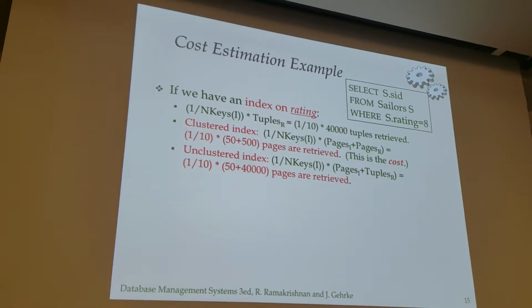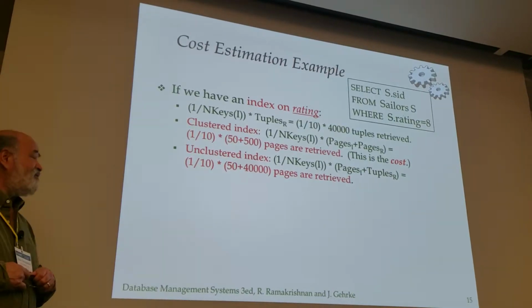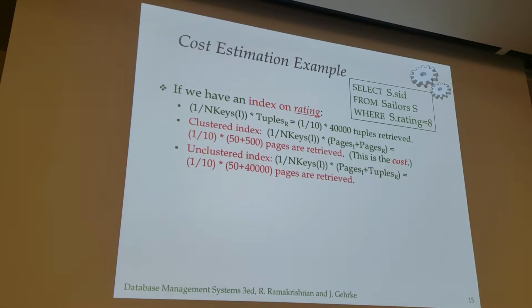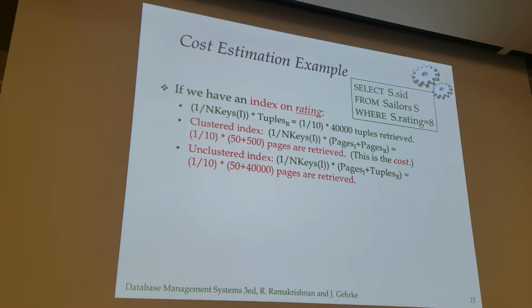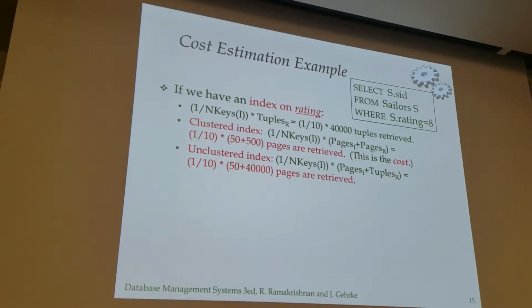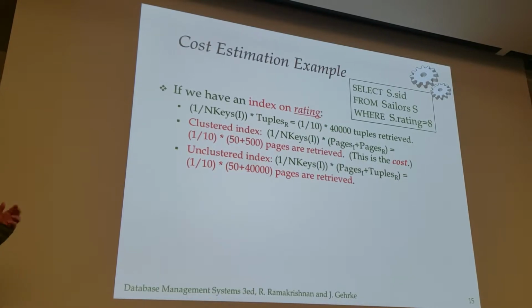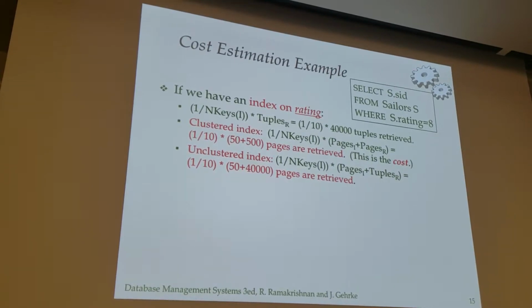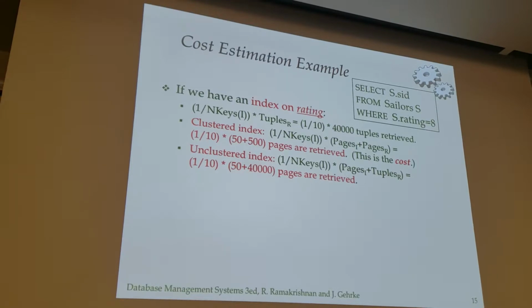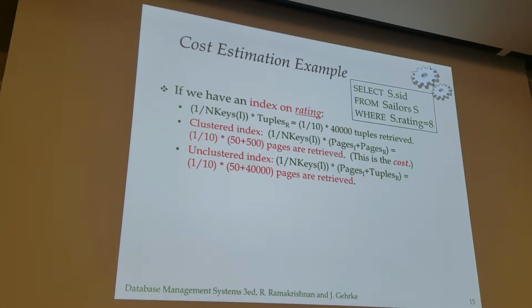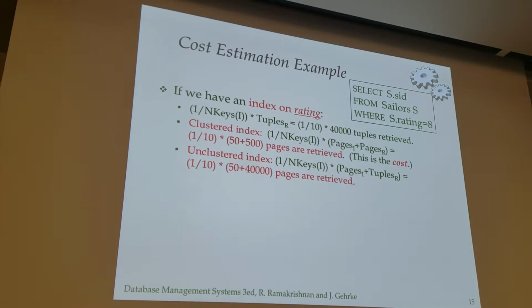So you're going to have the reduction factor, which is 1/10, 1/50th, whatever it is, times our formula with pages sub I plus tuple sub R, and there will be 50 pages with no free space inside the index, 40,000 tuples inside sailors in our assumption. So it's going to be 1/1000th of 40,050, which would be 4,005. So that would be what the value is.